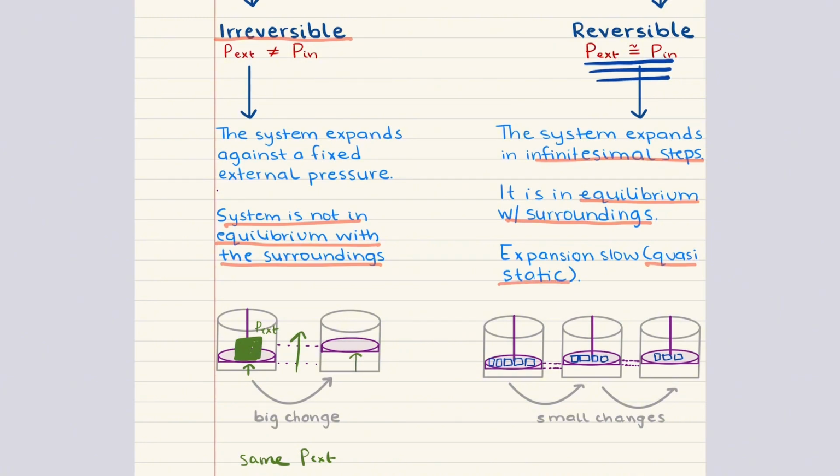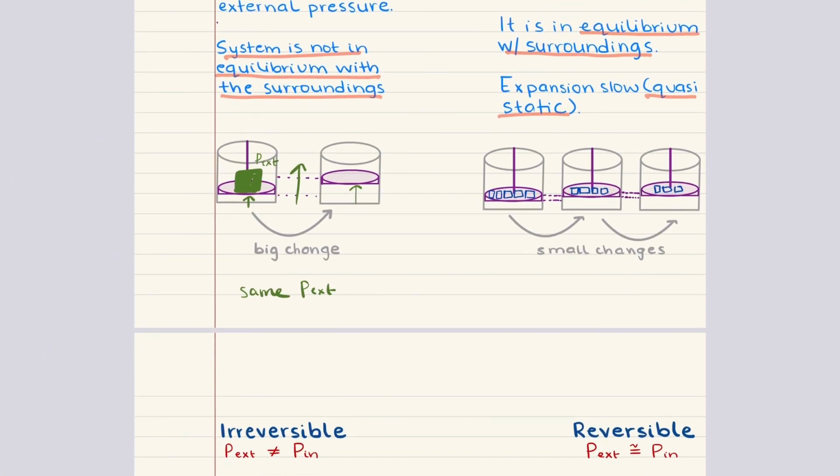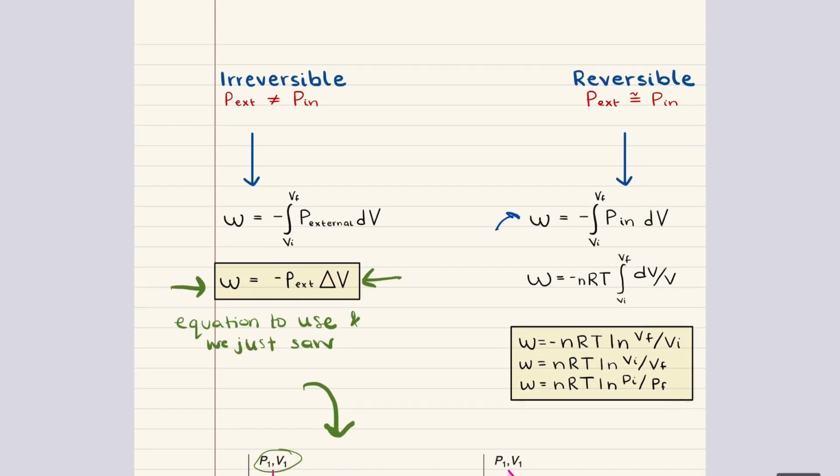Because the opposing pressure is not fixed, but instead tracks the gas pressure point by point, we can't use one constant value. So the work equals the negative integral of the system pressure with respect to volume along the path from the initial to the final volume.